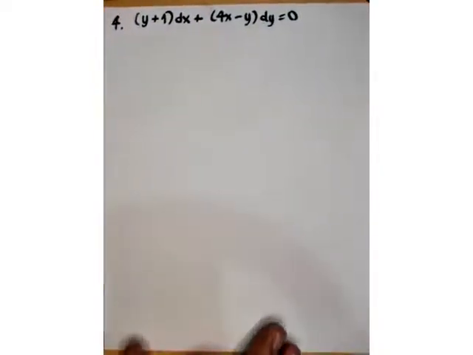Ayan. Okay, so we're given y plus 1 dx plus 4x minus y dy is equal to 0. Okay, our last question is: is it linear in x? Is it linear in y?